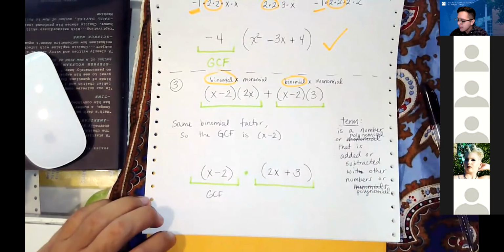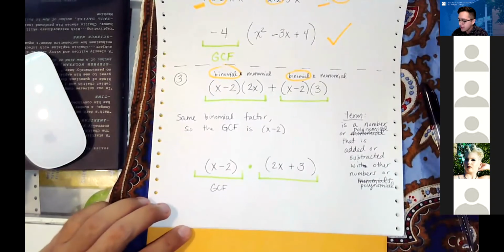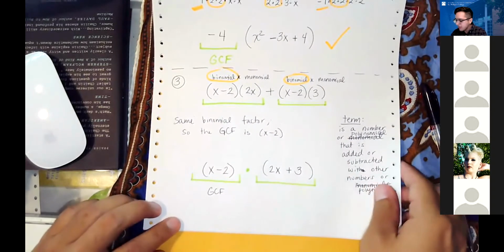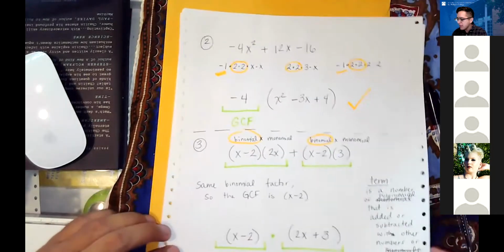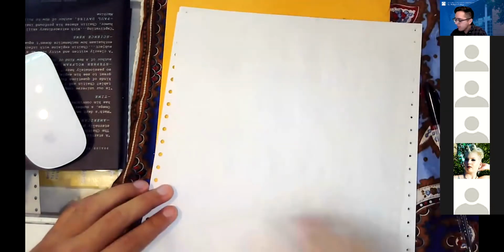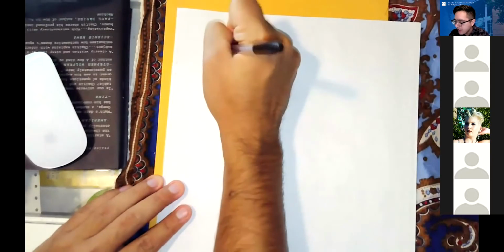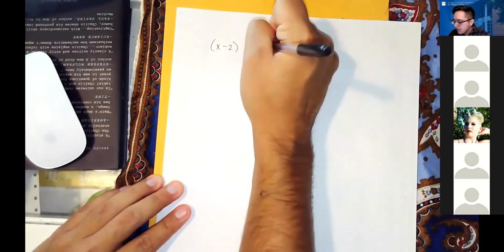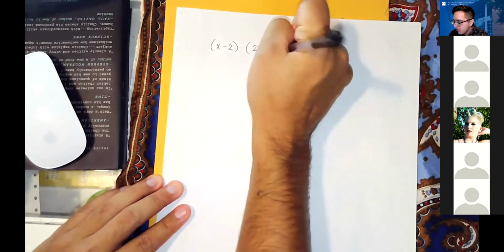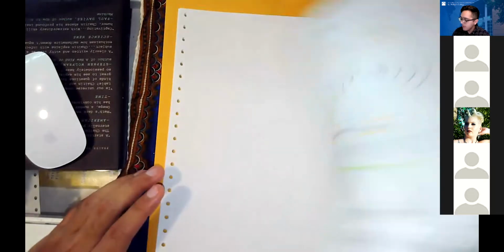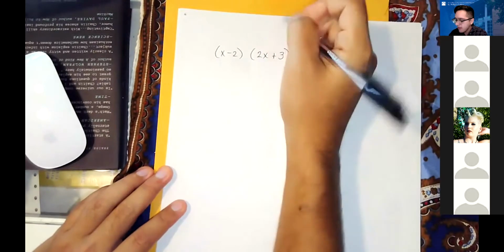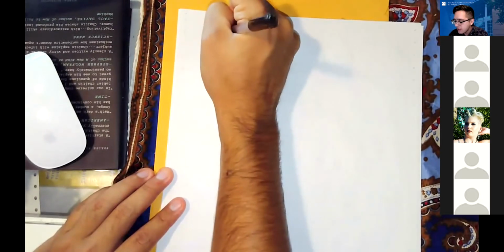So you can think about it like if we wanted to check ourselves on this one, and maybe I should move to another sheet of paper. We have x minus 2 times 2x minus 3, right? Or is it plus 3? We want to check ourselves.